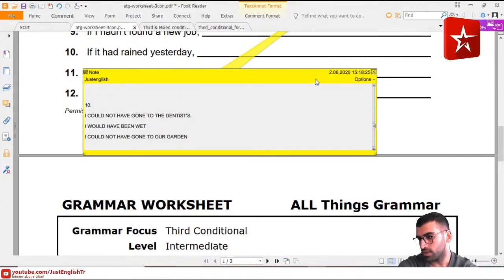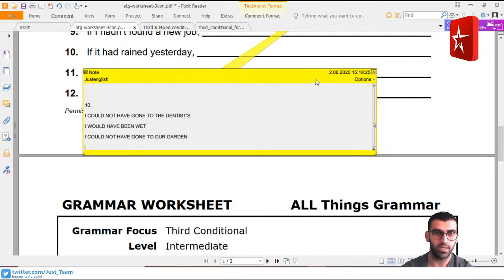And Gustava says had, sorry. Yes, Minerva changed her comment for this sentence. All right, I couldn't have gone to the dentist, couldn't have gone to our garden, I would have been wet. That is the logical answer to this sentence. For number 10, if it had rained yesterday, I couldn't have gone to our garden.